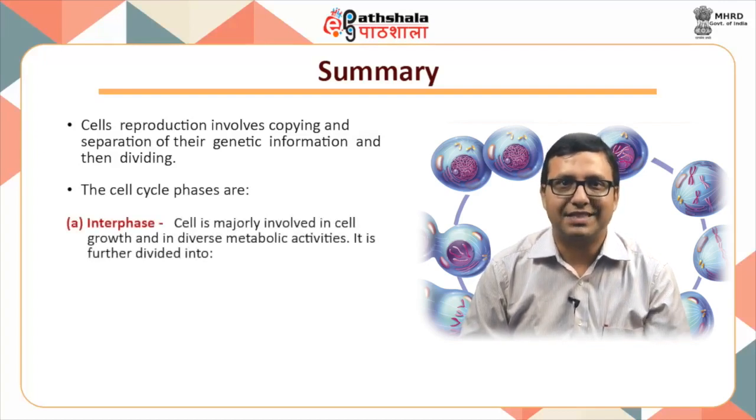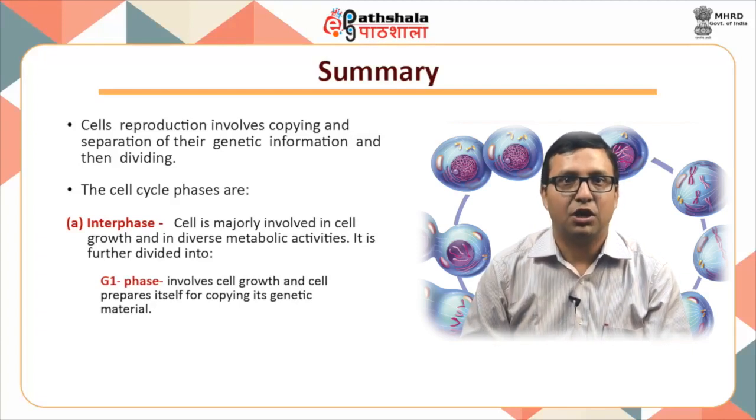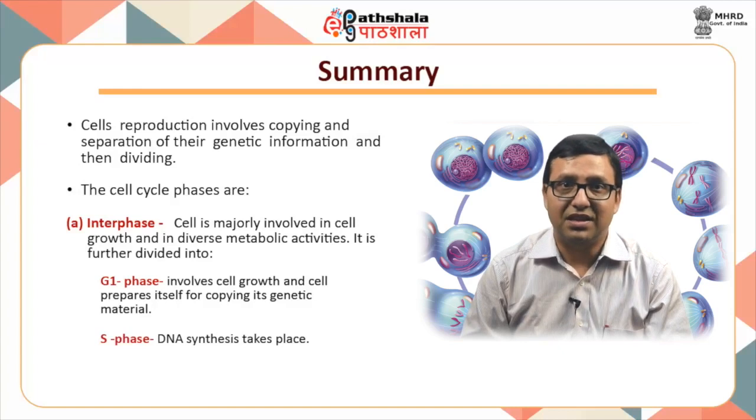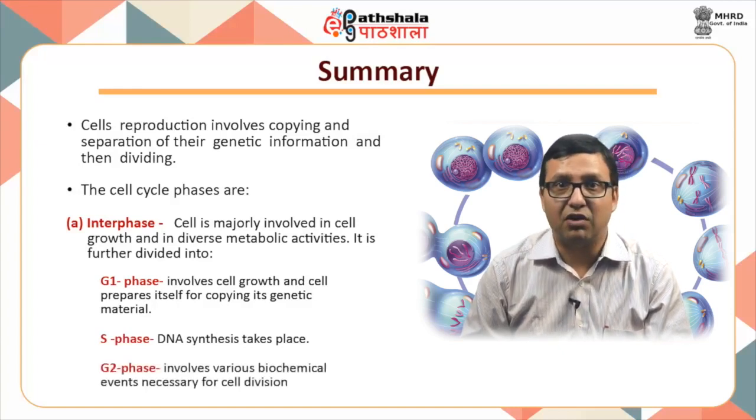Interphase, where the cell is majorly involved in cell growth and in diverse metabolic activities, is further divided into G1 phase, which involves cell growth as the cell prepares itself for copying its genetic material. In S phase, DNA synthesis takes place. G2 phase involves various biochemical events necessary for cell division.